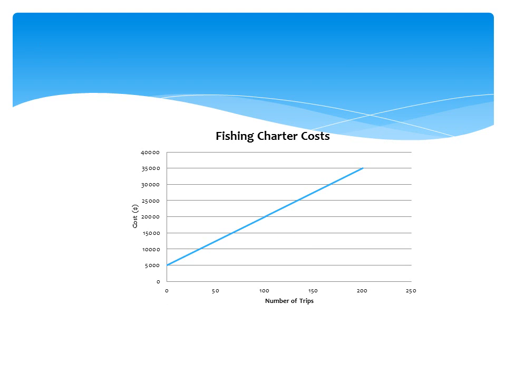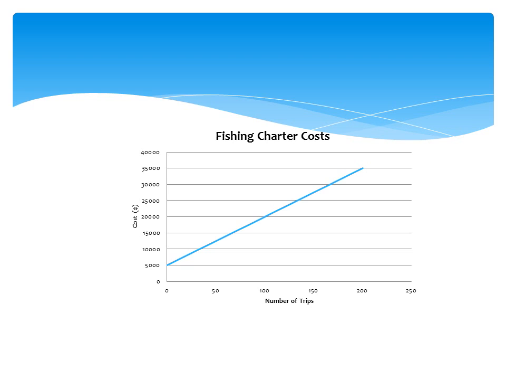And this is an example of the graph here. We can see at this point here that where we take 0 trips, the cost is $5,000 for the year. We can see that as the number of trips increases, the cost increases.